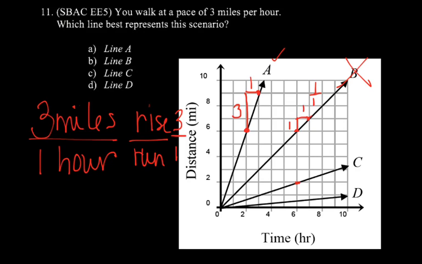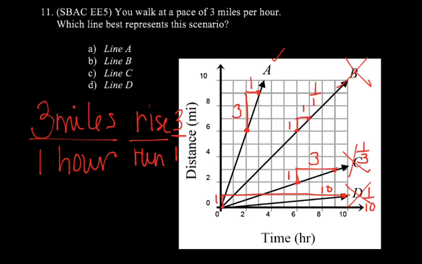C, I rise 1 and I run 3. Nope, I want 3 rise and run 1. So C is out. And then D's kind of crazy. My rise is 1, my run is 10. So that's out.